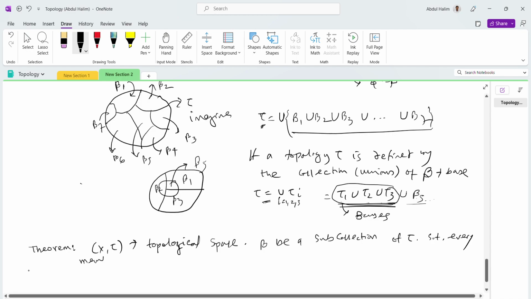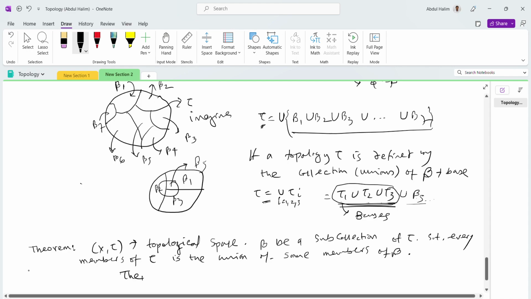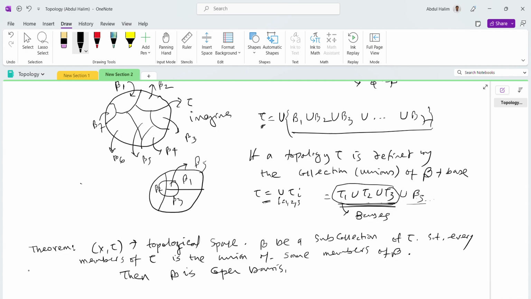And now, again we will describe a theorem. Let (X, tau) be a topological space and beta be a subcollection of tau such that every member of tau is the union of some members of beta.